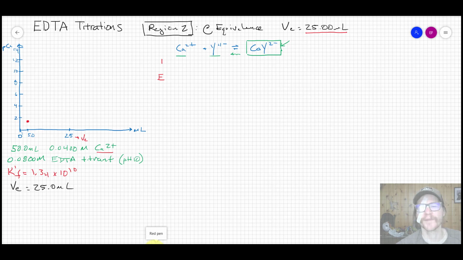So to compute our CaY2-, and I'll put 0 here for our initial concentration of the complex, that's going to be equal to the original formal concentration of calcium, 0.0400 moles per 1,000 mils, and we had 50 mils of it, and that gets us moles, and then we divide that by the total volume, which would be 50 plus 25, which is 75 mils, and then we need to convert mils back to liters.